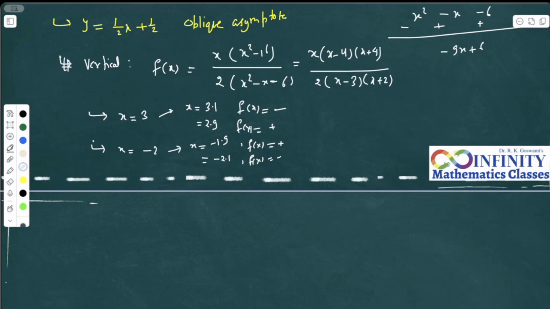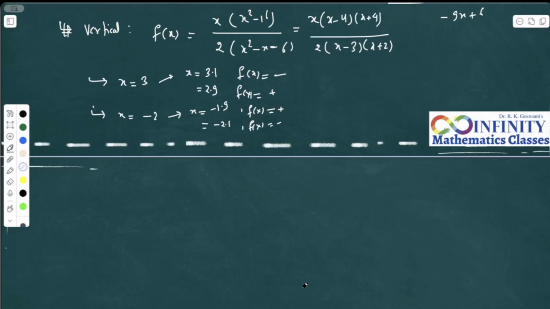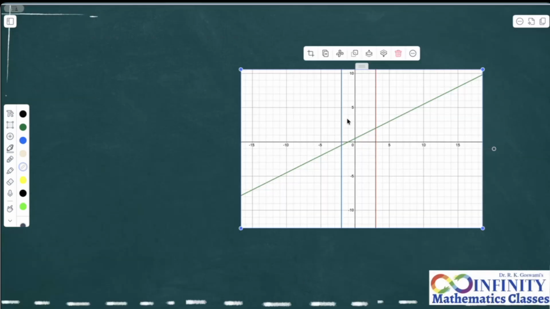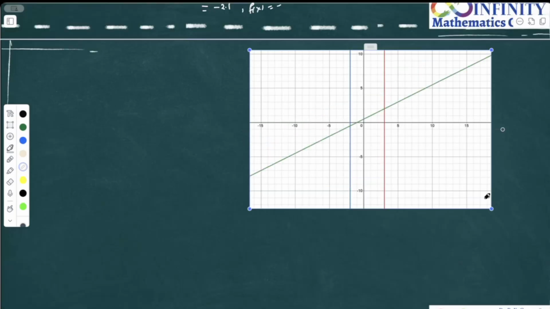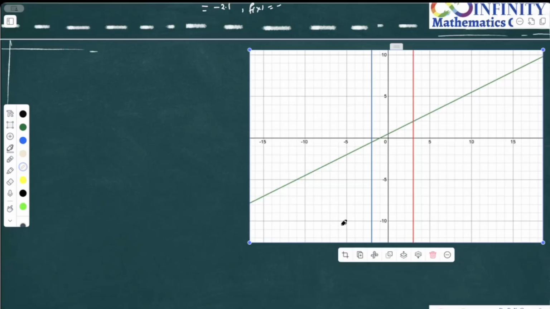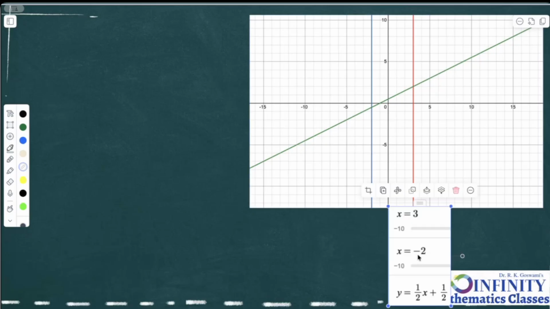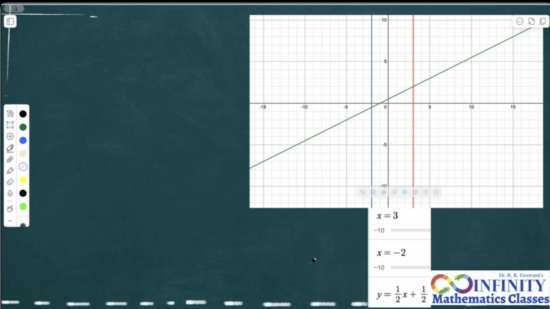So this is the graph using Desmos. Up to now, I just got the asymptotes only. These are the 3 lines I placed based on whatever I have observed.